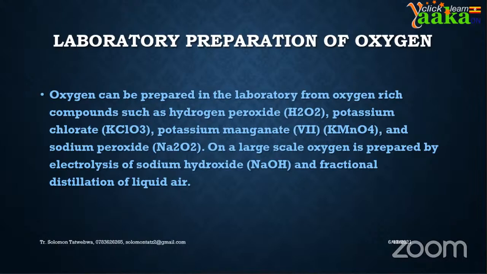But on a large scale, oxygen is prepared by electrolysis of sodium hydroxide and fractional distillation of liquid air. We shall look at fractional distillation of liquid air later, but we shall not look at electrolysis of sodium hydroxide now. That will come in later topics.